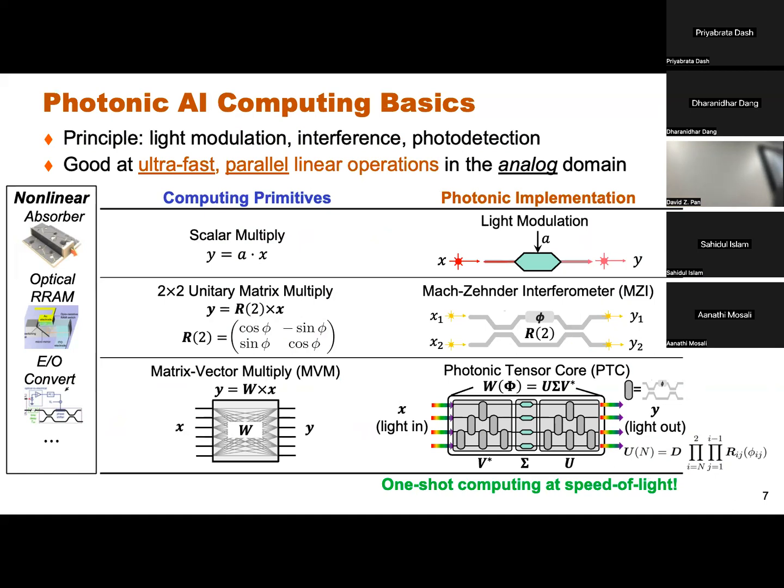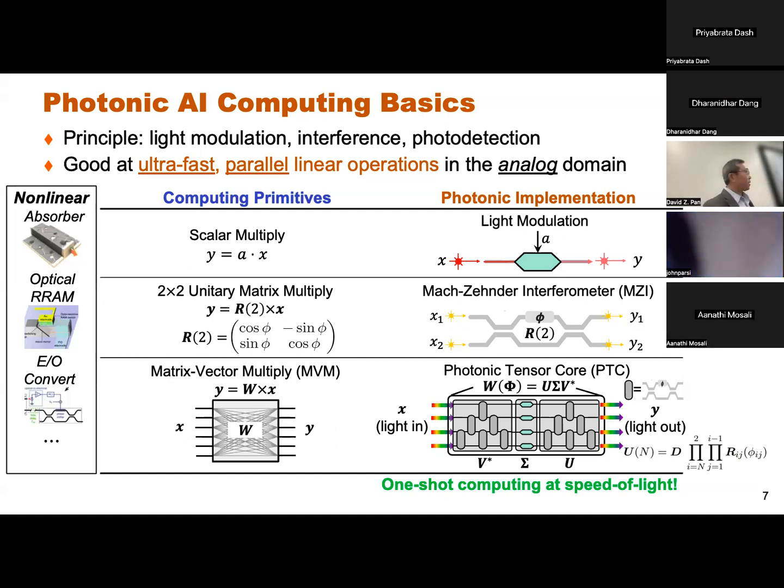Your light comes in, goes through some light modulation, this alpha, so y equals a times x, right? Then if you want to do matrix multiplication, again, you have x1, x2 here, then once this is configured, you can do matrix multiplication. And basically you can then build a photonic tensor core, light in, light out, and it's analog. Essentially, it's analog computing. You are using physics to do the computing.